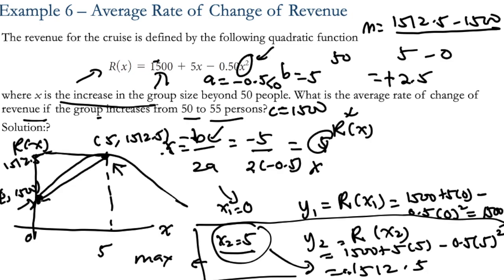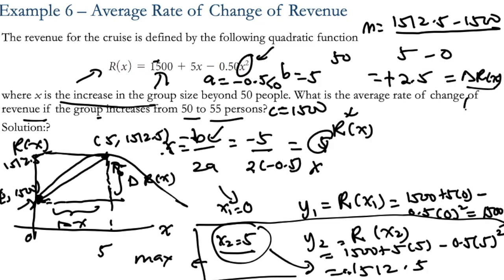So the second line, when you get the slope equivalent to 2.5, is actually the change in revenue over the change in x, isn't it? The change in revenue is the new revenue, which is y2, minus the initial revenue, which is y1, which is this one.